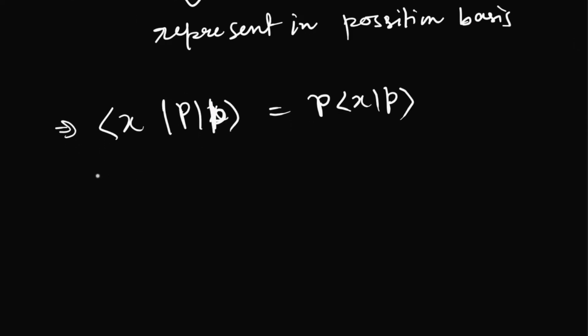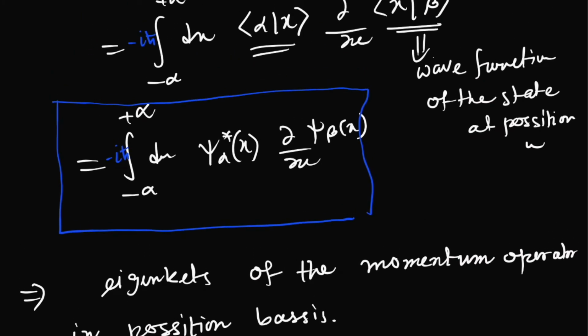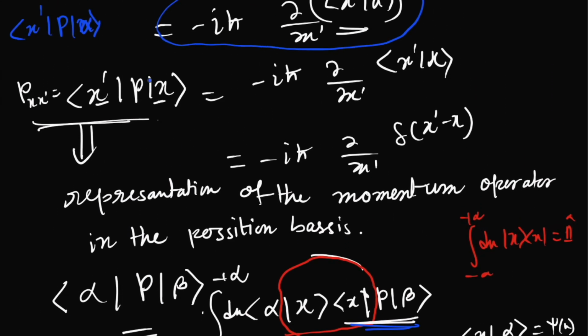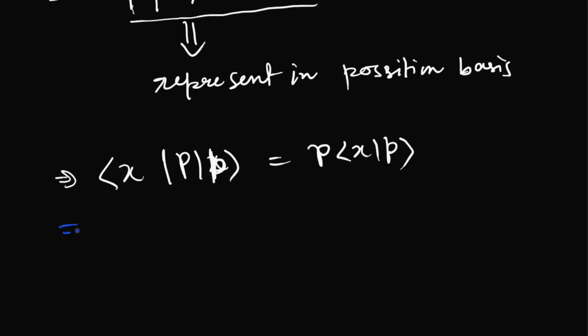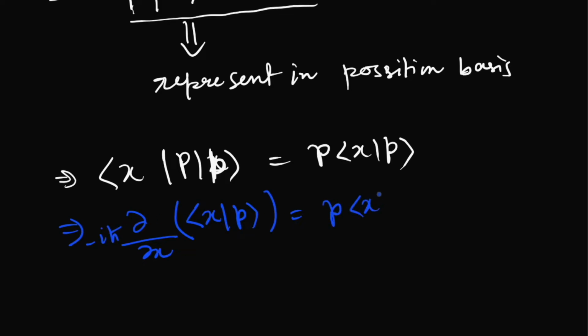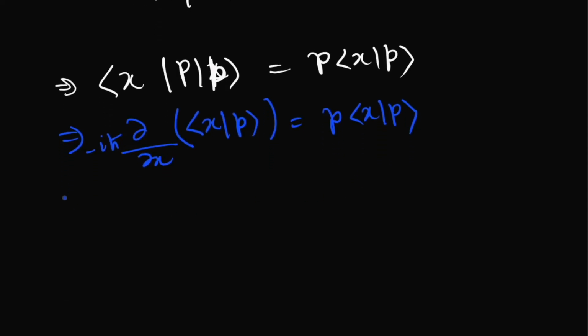Now as we know from this relation, what it will be? This will be minus iħ ∂x of ⟨x|p⟩.